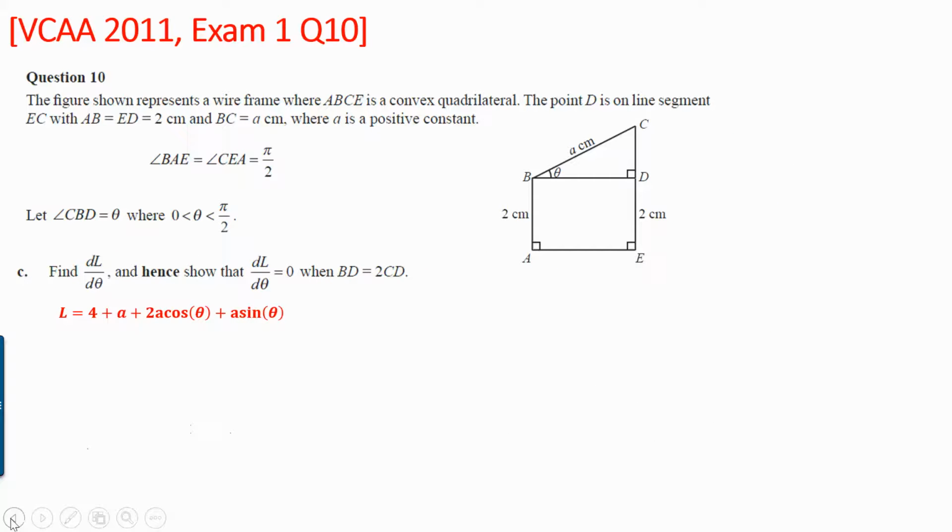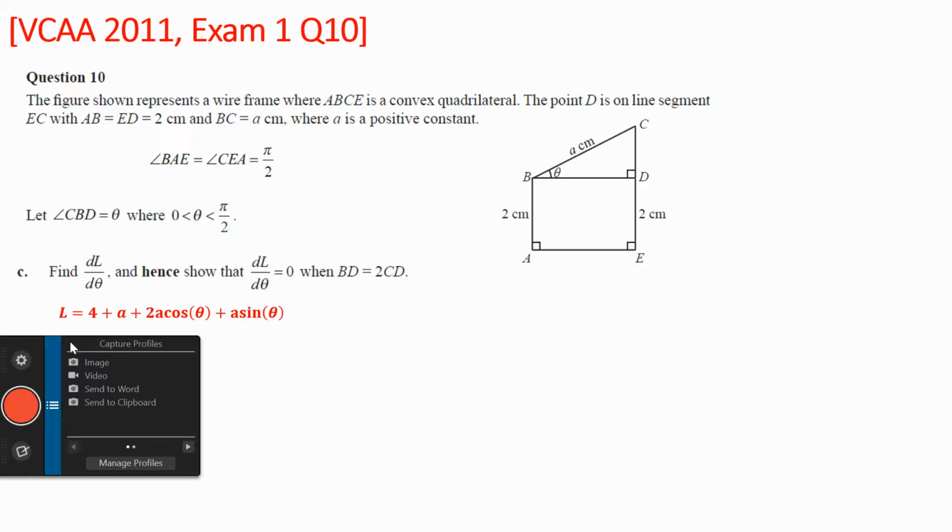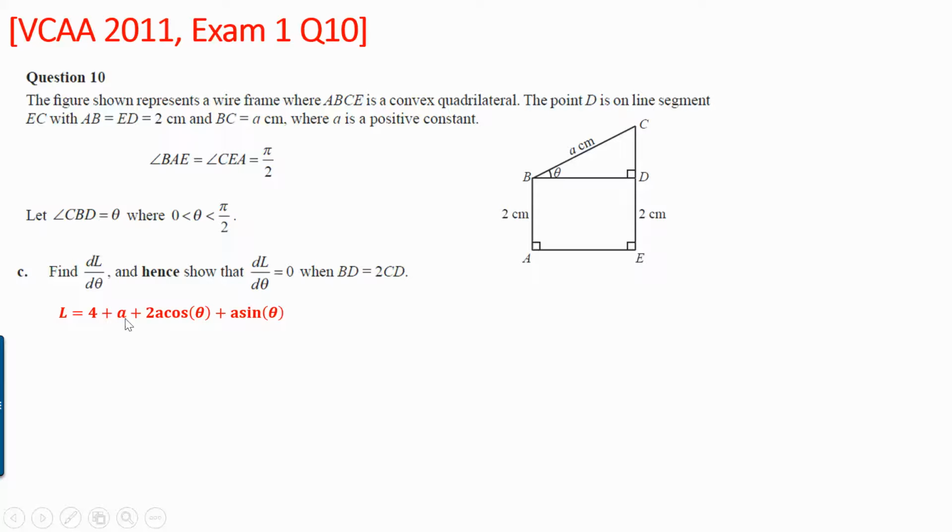C tells you to find the derivative of your length equation with respect to theta. A is a constant, you don't need it. You need theta, which is the variable. So the derivative of 4 is nothing, and the derivative of A is also nothing.